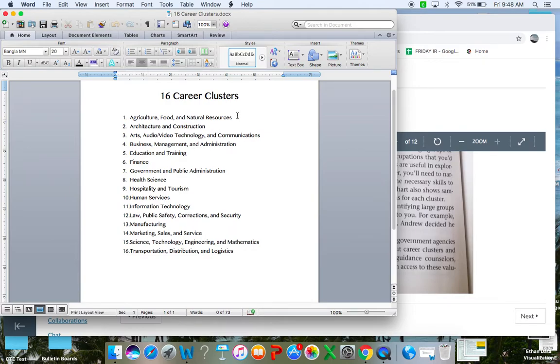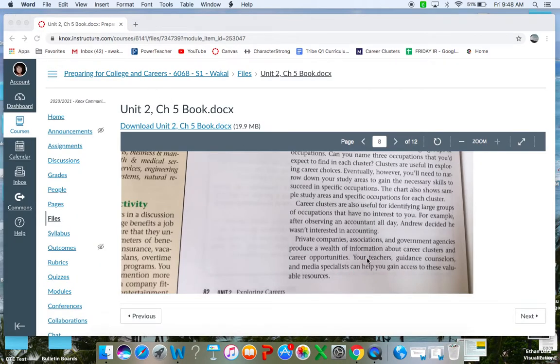Maybe in our lessons from yesterday, we were talking about number 1, agriculture, food, and natural resources. So maybe I've looked through that career cluster, I've studied that career cluster, and I've decided there's nothing in that career cluster for me either. So now I'm down to 14 choices. So that's how you continue to narrow down your choices.